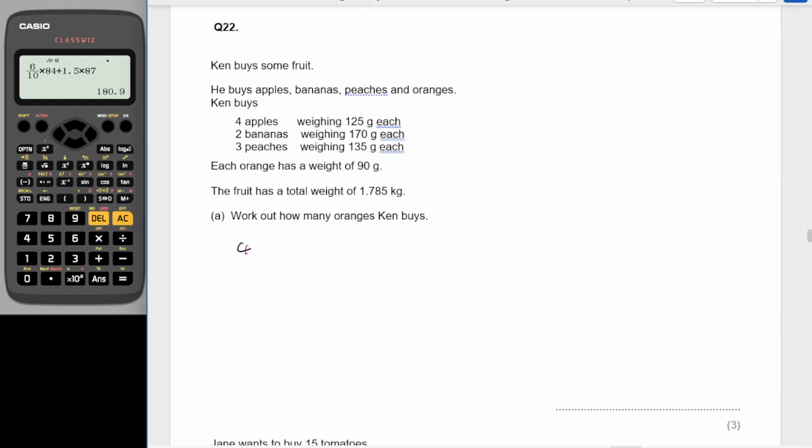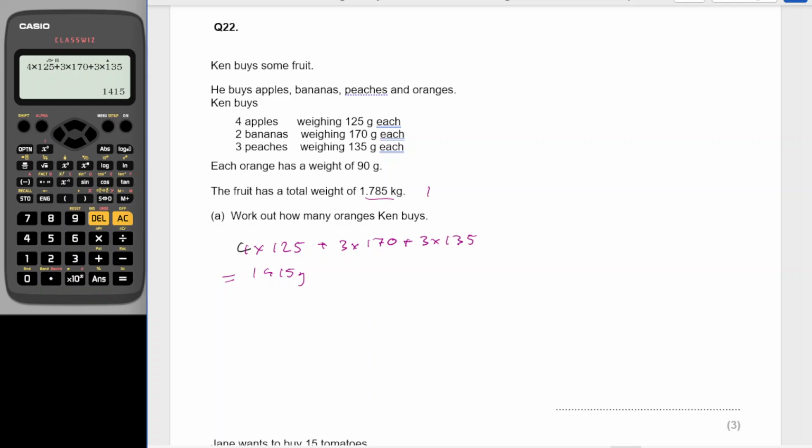So we're doing 4 times 125 plus 3 times 170 plus 3 times 135. That gives the total of the weight that we've got so far. So 4 times 125 plus 3 times 170 plus 3 times 135 gives us a total weight so far of 1,415 grams.